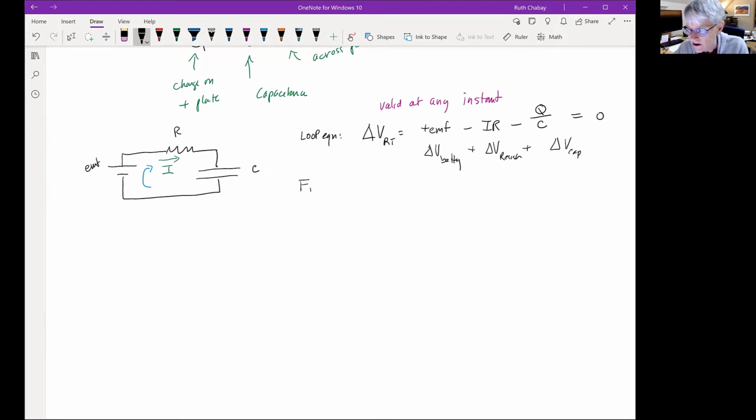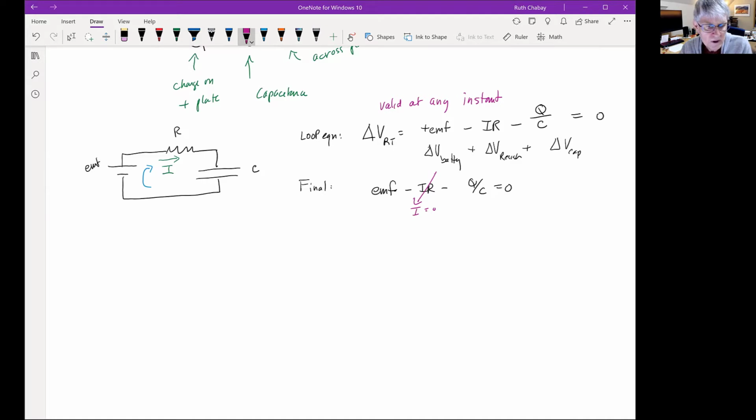Now the final state is easy because it's equilibrium. So we have EMF minus Ri minus Q over C equals 0, but in the final state, I is 0.